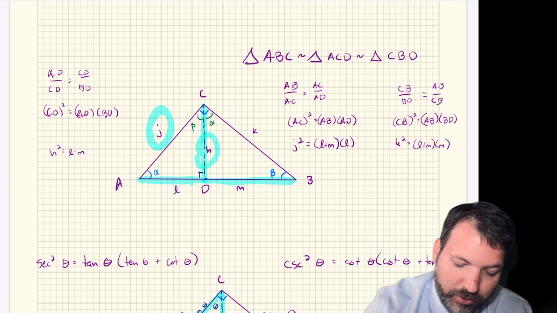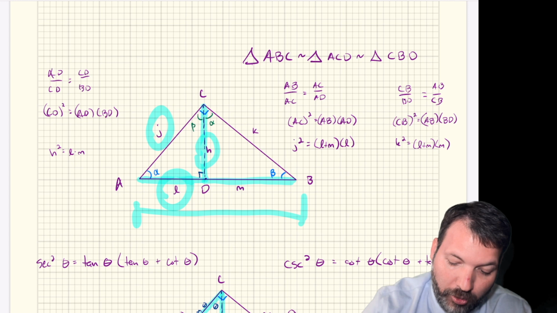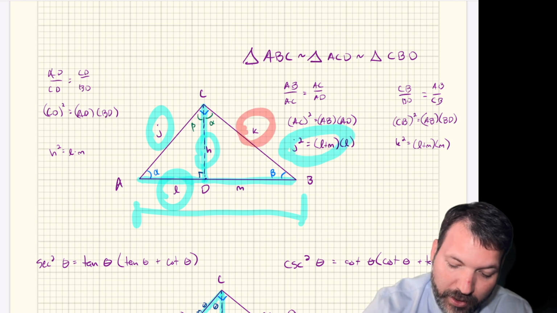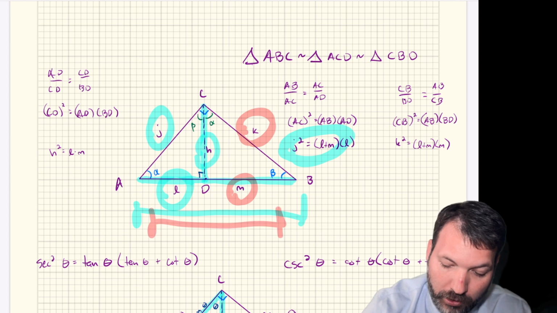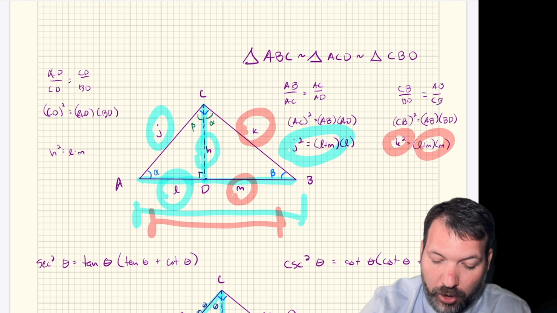J is the geometric mean between L and the total length along the hypotenuse there, L plus M. That's this relationship I've got here. K is the geometric mean of M and the total length. And so you can see over here, K² equals M times the sum L plus M.